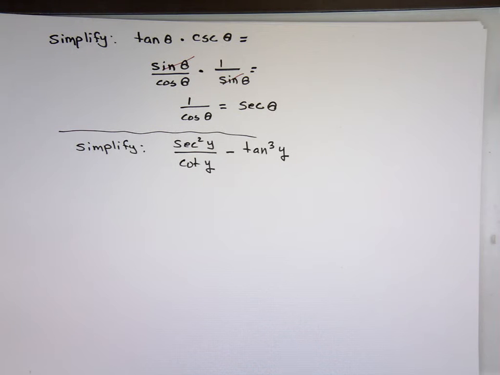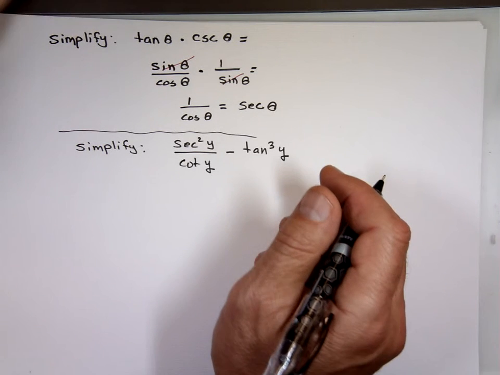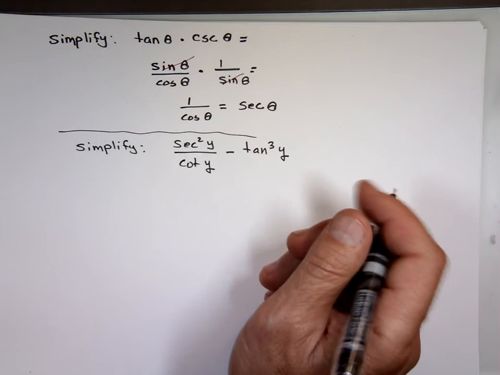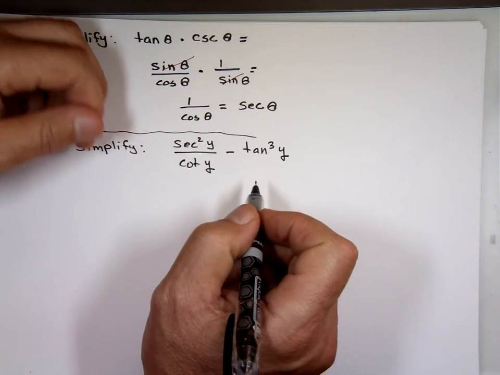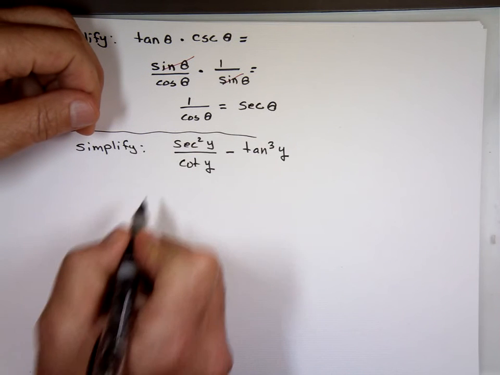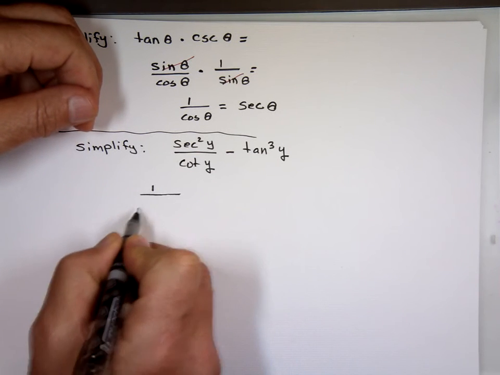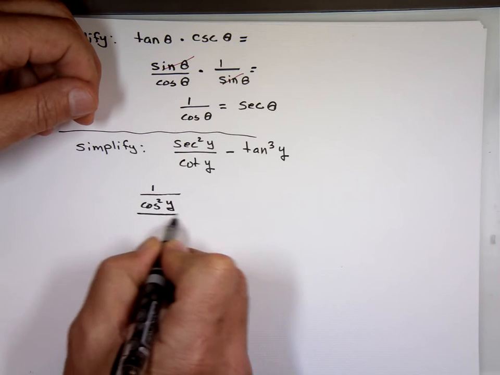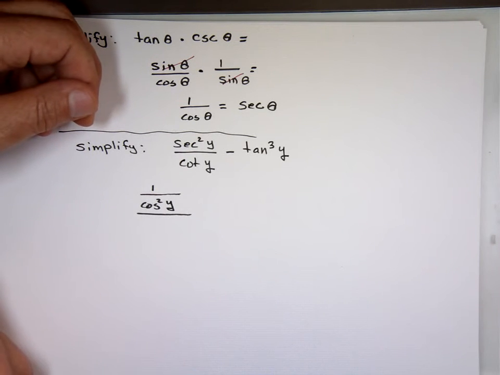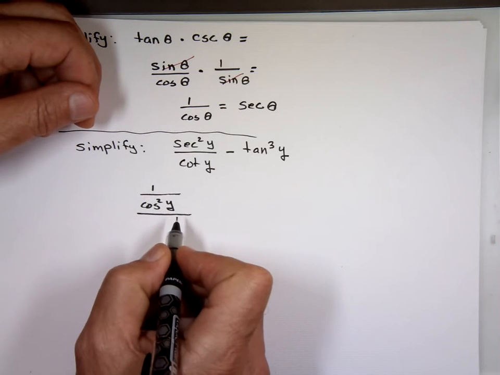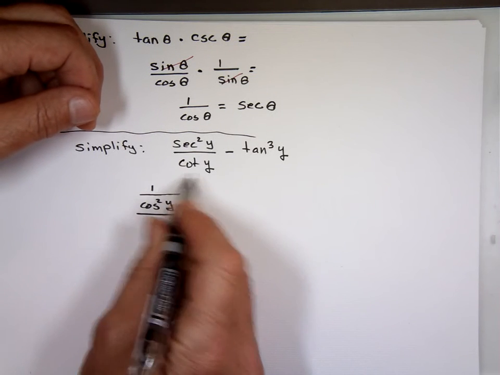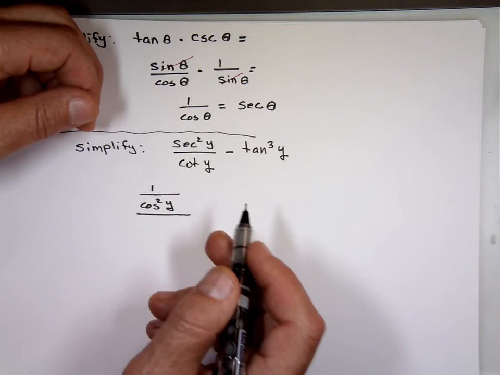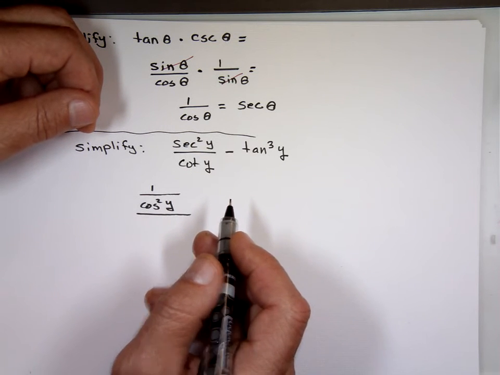Again, I'm always going to try to write everything in terms of sine, cosine, because I'm not going to memorize the bottom ones. Secant is what? 1 over cosine? But that's squared, so it'll be 1 over cosine squared y, divided by the cotangent, which is what? What's the cotangent? Isn't that cosine over sine?